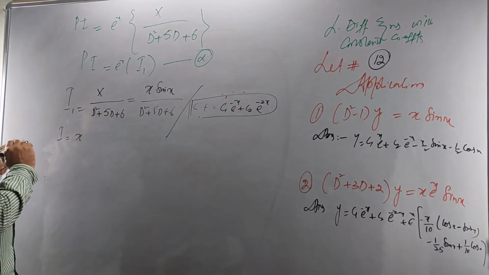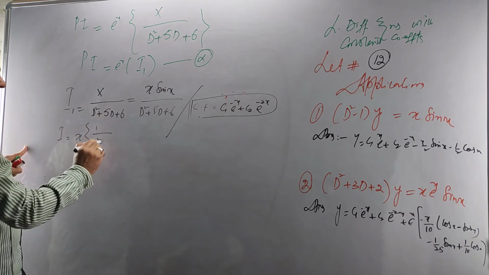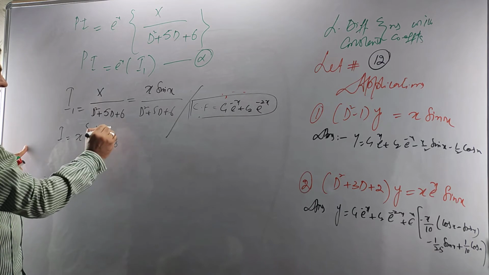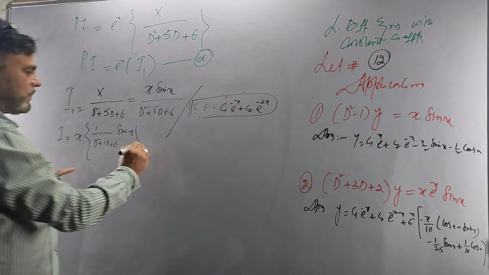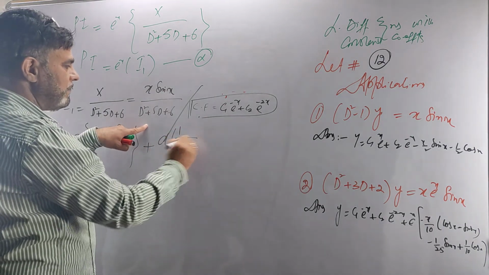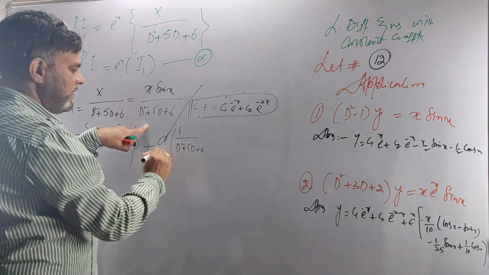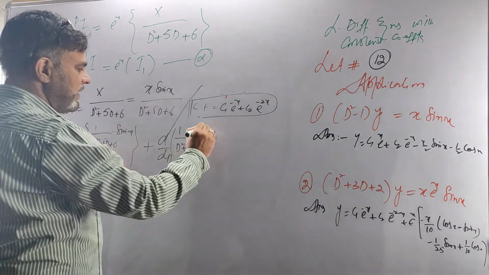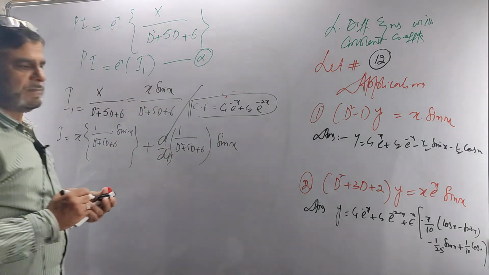This is x into 1 by d square plus 5d plus 6 acting on v. What is your v? Sine x. Then plus the differentiation of 1 by d square plus 5d plus 6 with respect to d into v, where v is sine x.